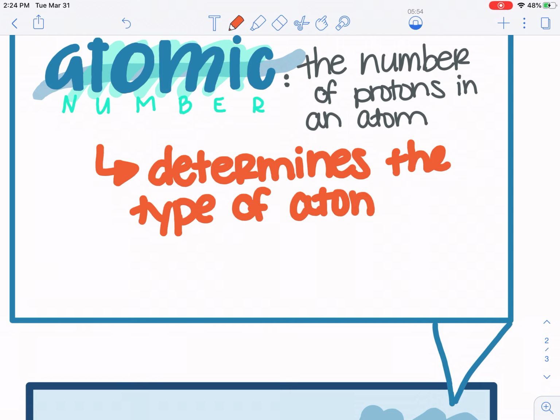For example, if we have a nucleus that has 6 protons in it, it is the nucleus of a carbon atom. If we have an atom that has 20 protons, it is a calcium atom.